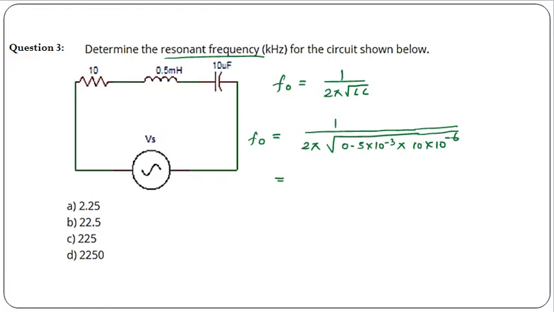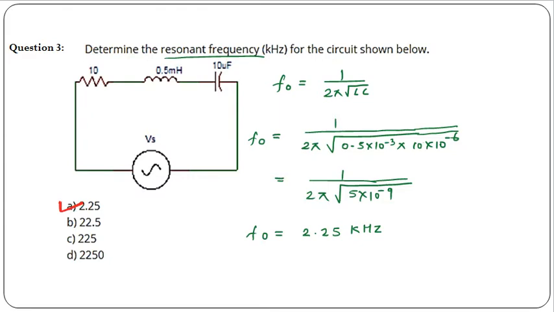If we simplify, then we get 1 by 2 pi, square root of 0.5 into 10, this is 5 into 10 to the power minus 9. F naught, after simplification, we are getting 2.25 kilohertz. Okay, it means option A is correct.